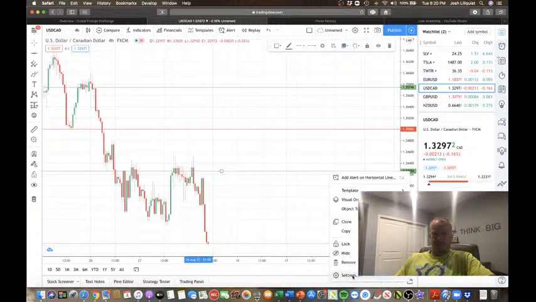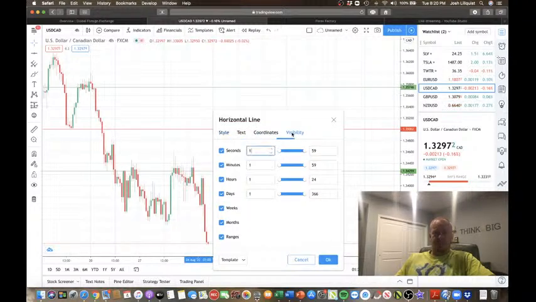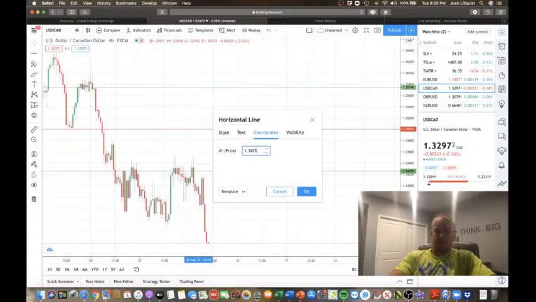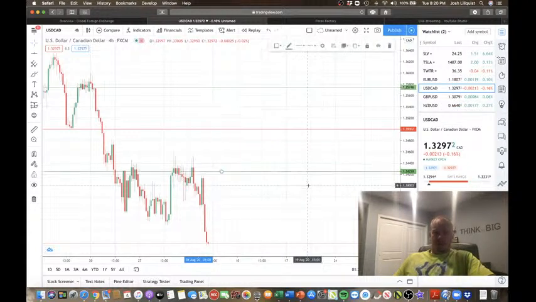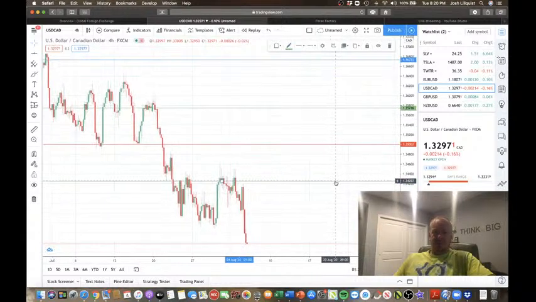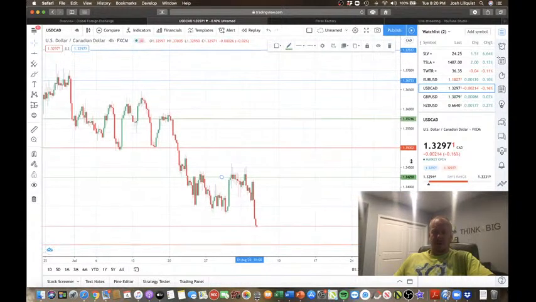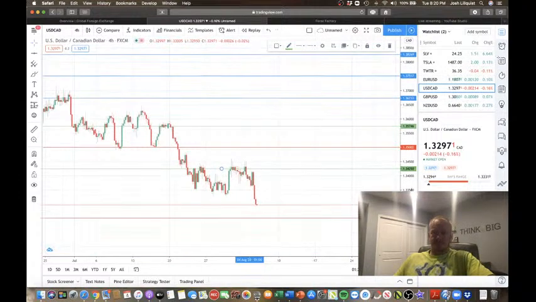Let's get the exact numbers on here so you know what we're talking about. $1.34.25 is 75 pips from here. You got 75, 75, you got 250. Now we're shooting to bring this down to $1.32.50.